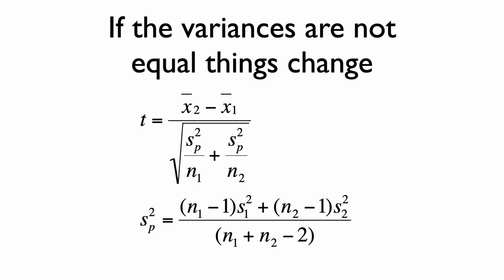Well, it might be your variances are different. So what we want to do is get this quantity called pooled variance, s squared sub p. And again, it's just a weighted average of the 2 variances, and then we use that, as you can see in the formula up there.